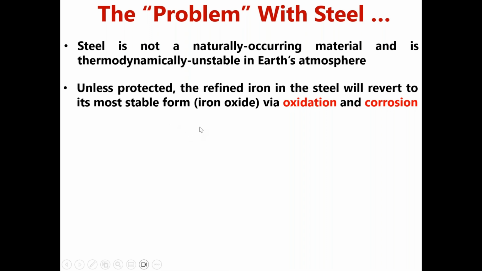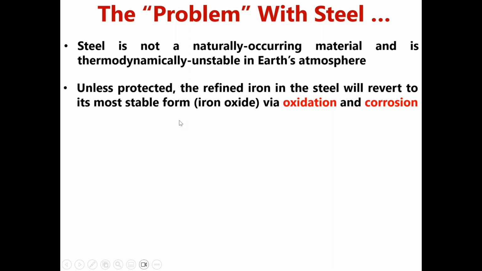And unless that steel is protected, the refined iron in it will try to revert back to its most stable form, which is its iron oxide form. So if you remember the chief iron ores, hematite and magnetite, those are all iron oxides. Those are stable on Earth's surface, right, in Earth's atmosphere. Well, steel wants to get back to that most stable form, iron oxide, unless it's protected, and it'll do so.